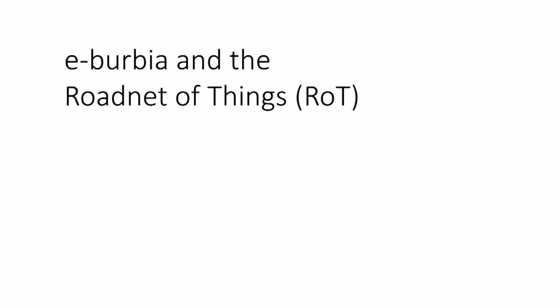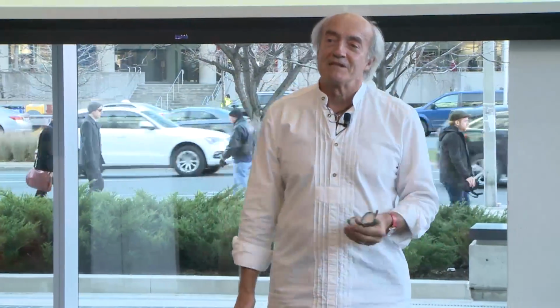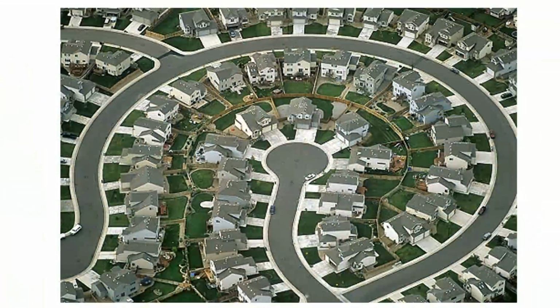And so I'll give you an example to try and tie this in, keeping the urban design metaphor. And I'm going to talk about Eburbia and the road net of things. And by the way, I love that because it's called the rot that's eating away our society. So Eburbia is this network here, the road net, in fact. And the road net actually connects all of these devices here.